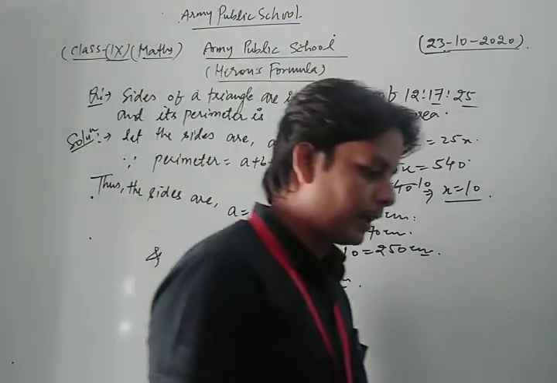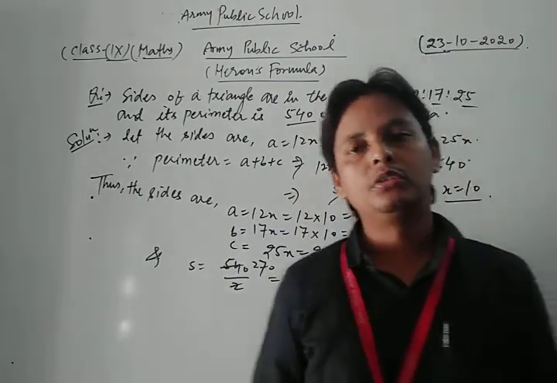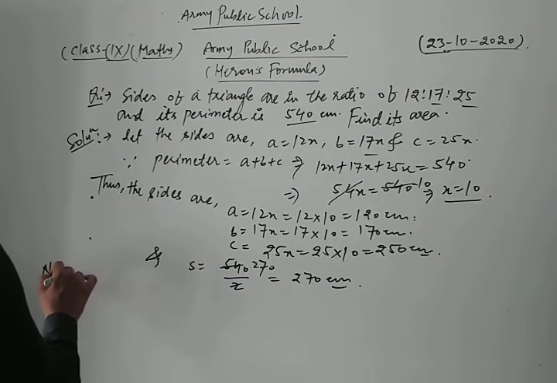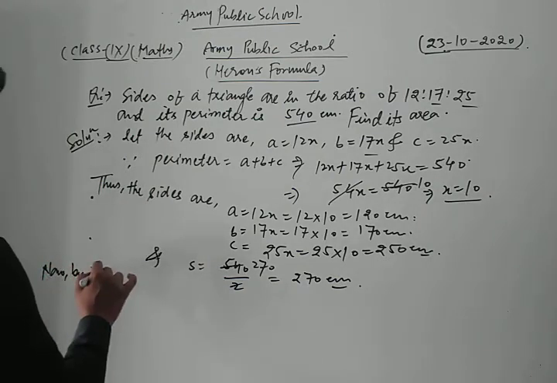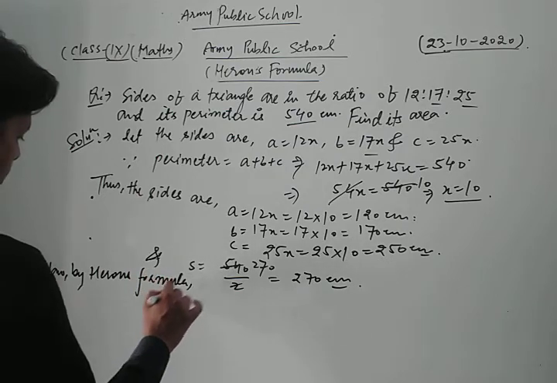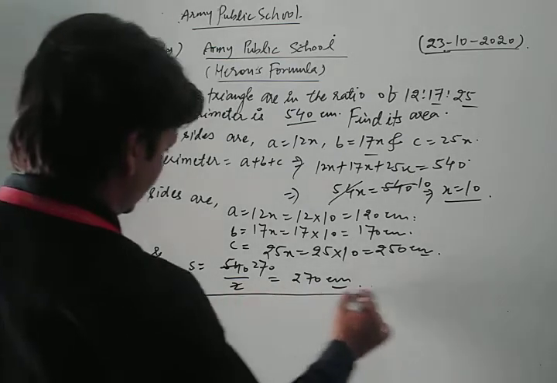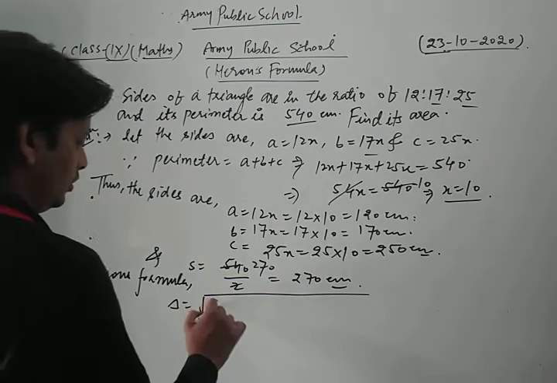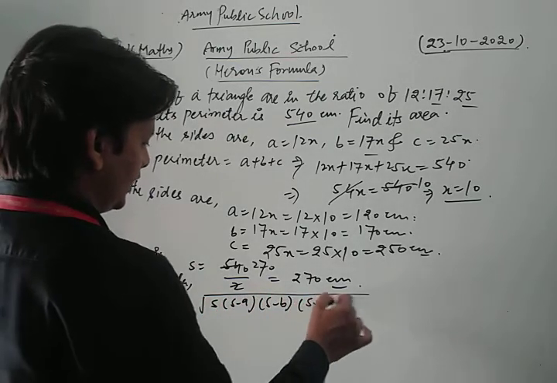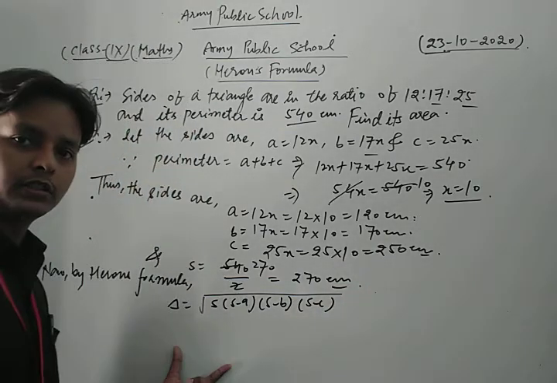Now, dear friend, we apply Heron's formula. By Heron's formula, the area of triangle ABC is equal to under root s into s minus a, s minus b and s minus c respectively. This is the formula.